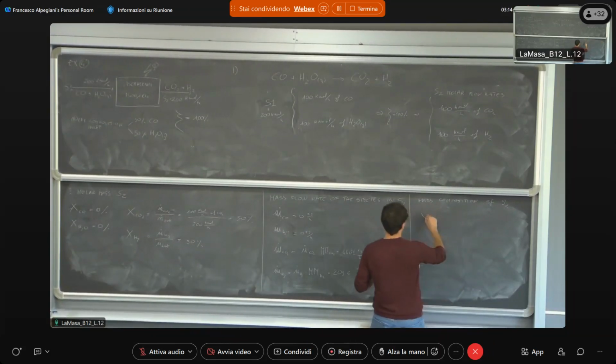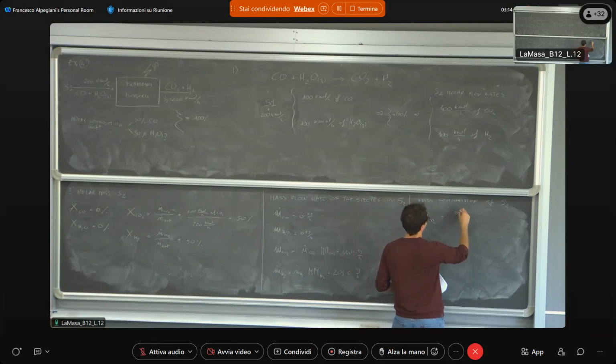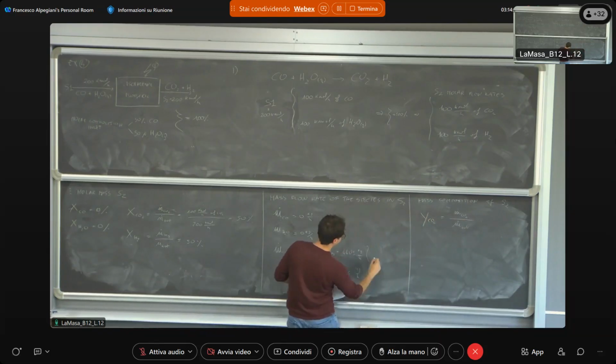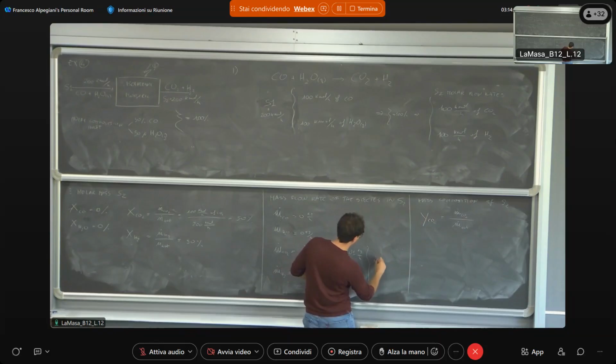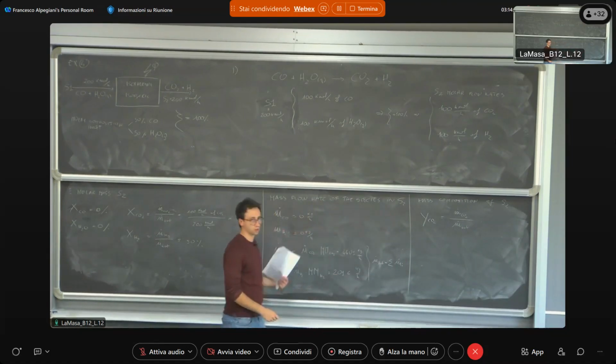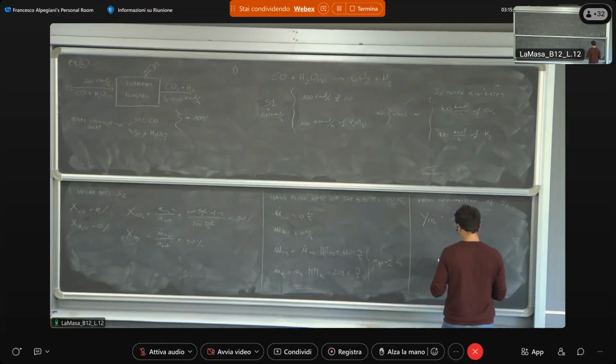So the mass fraction of the CO2 will be equal to the mass flow rate of CO2 exiting divided by the total mass flow rate exiting, where the total mass flow rate exiting is the sum of these two. So m dot will be equal to the sum of the mass flow rates of the species exiting the reactor.